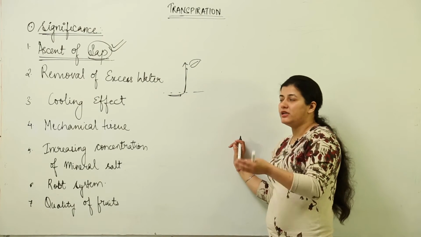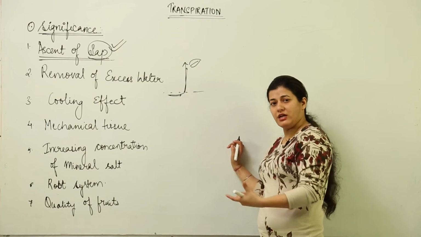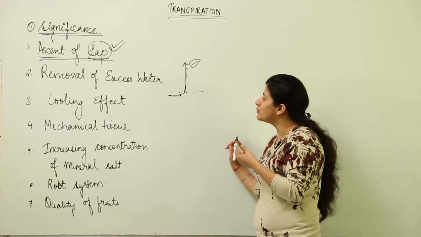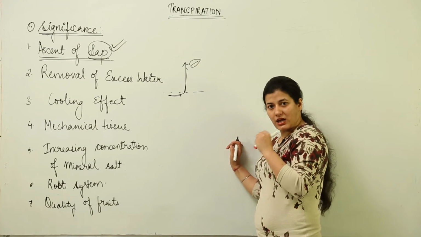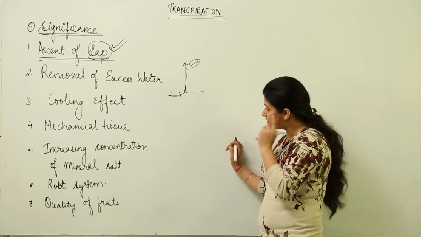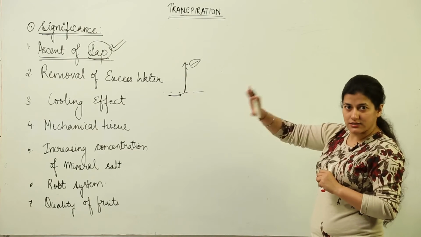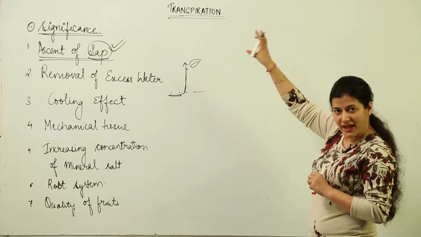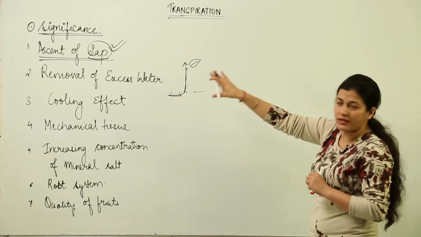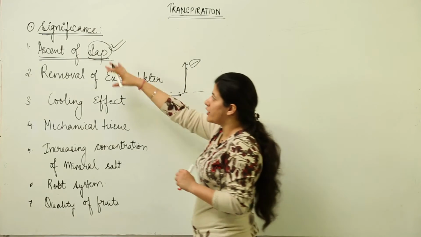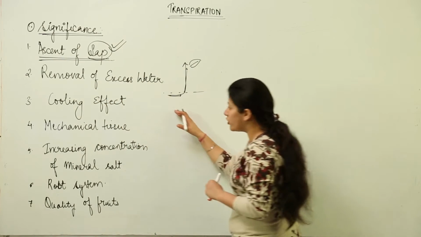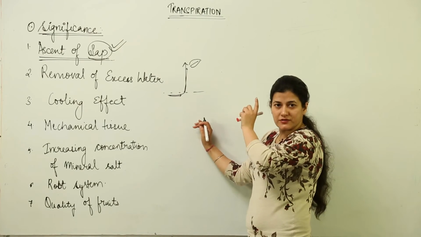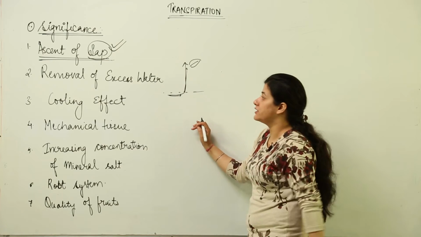Certain scientists came and pioneered in the study of ascent of sap, certain failed, but the present day understanding that we have tells us that however tall the tree would be, it would be transpiration, that is a negative pull, that would be playing a crucial role in the ascent of sap. We will study about it, but for now you need to know what is ascent of sap. That is the movement of water from the soil up to the topmost point in the plant, and transpiration has a crucial role to play in it as the negative pull.